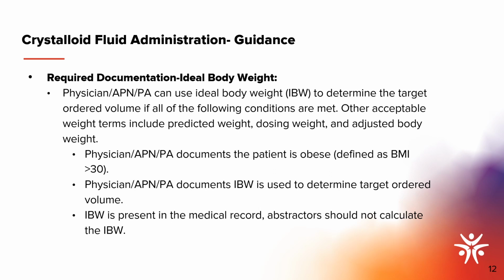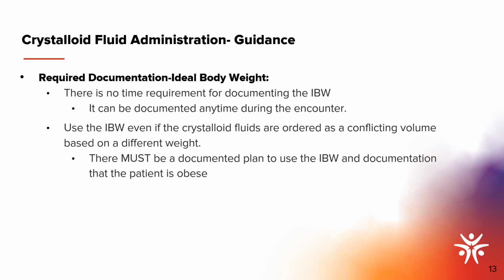The ideal body weight is present in the medical record. In other words, abstractors should not be calculating the ideal body weight. Additional terms for ideal body weight are predicted weight, dosing weight, and adjusted body weight. Just a few tidbits regarding the ideal body weight. There's no time requirement for documenting the ideal body weight.